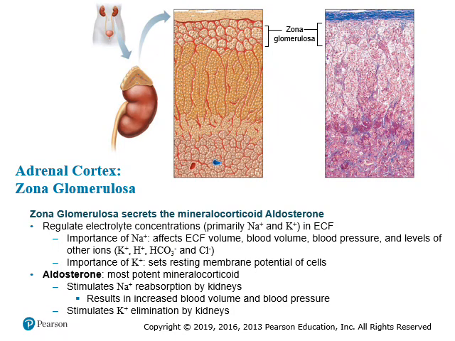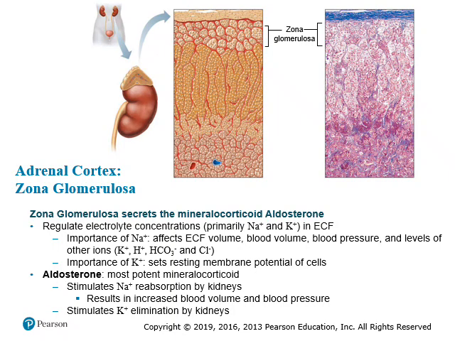So this is actually the one that regulates, just to review, the electrolyte concentration, primarily the sodium and the potassium ion in the extracellular fluid. And this influences blood volume, blood pressure, and the level of other ions.